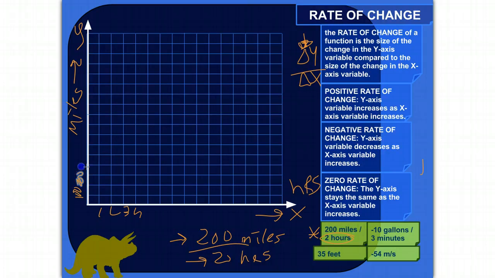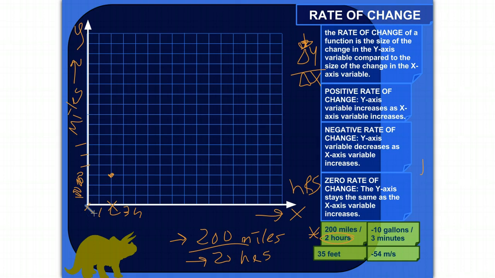So the y's go in increments of 100. If I increase the x by 2 hours, going from 0 to 2, then I'm increasing my y by 200 miles. So I could have a point there, assuming we're starting at 0.